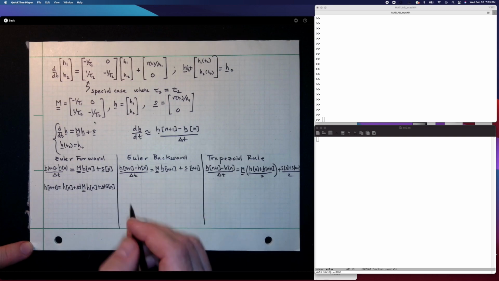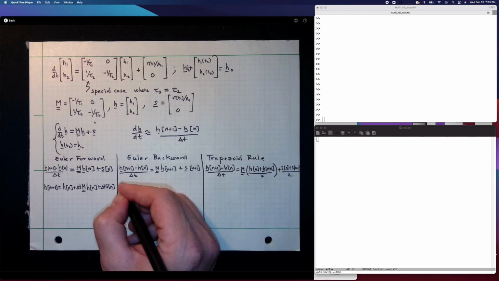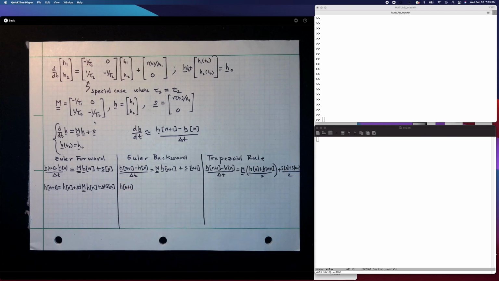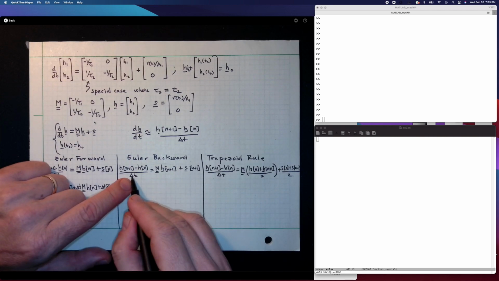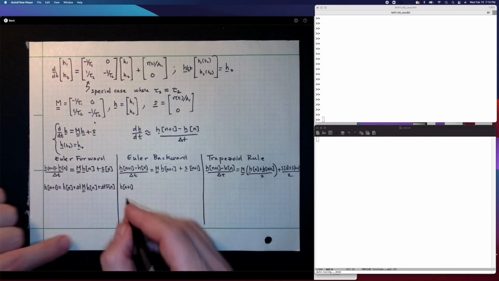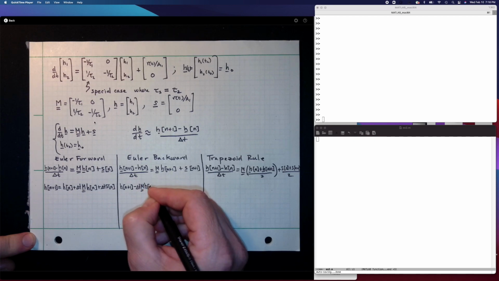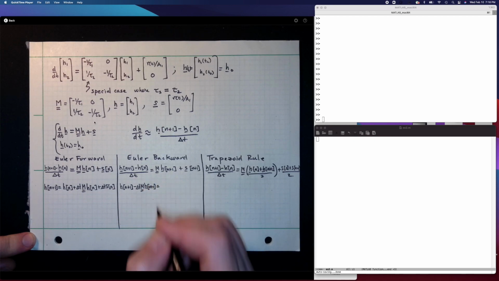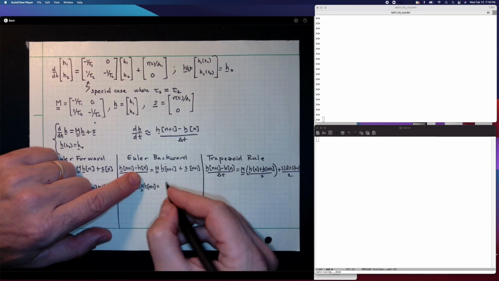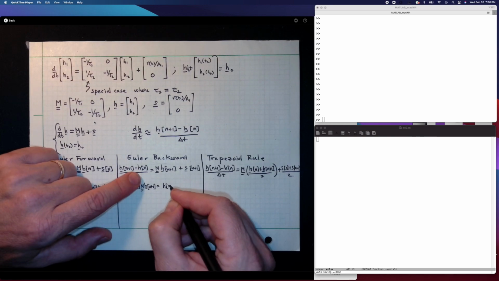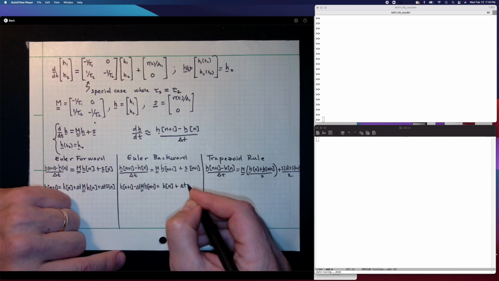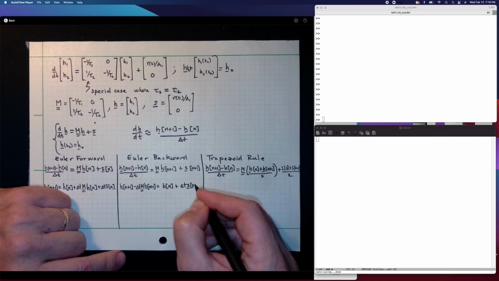In this case, it's a bit more complicated. I get h at n plus 1, minus delta t times m times h at time step n plus 1, is equal to h at n plus delta t times s at n plus 1.